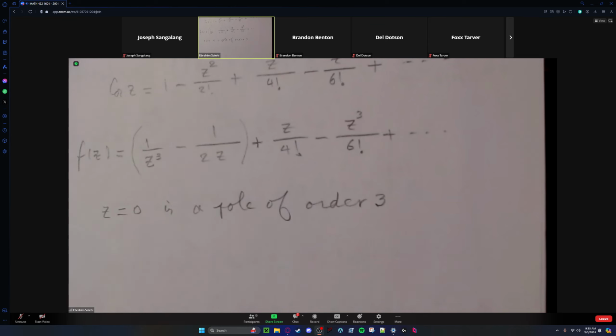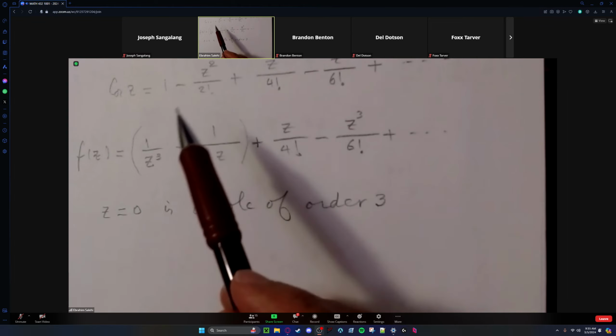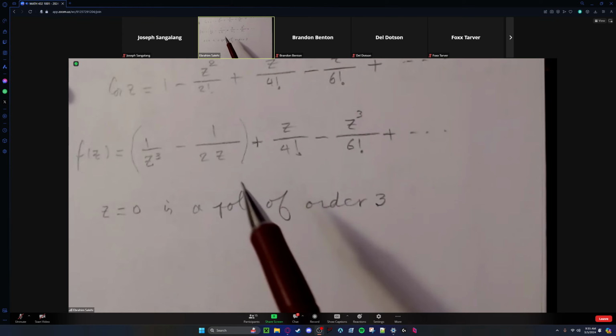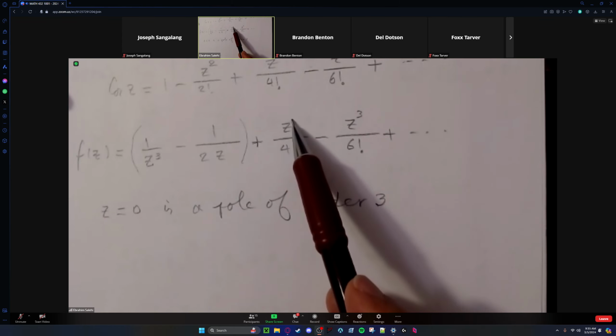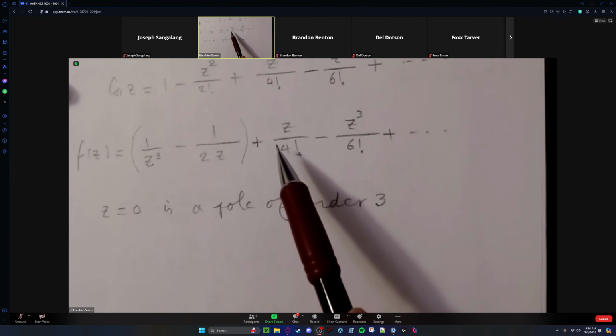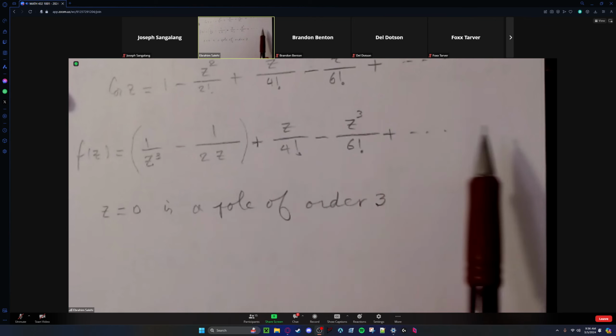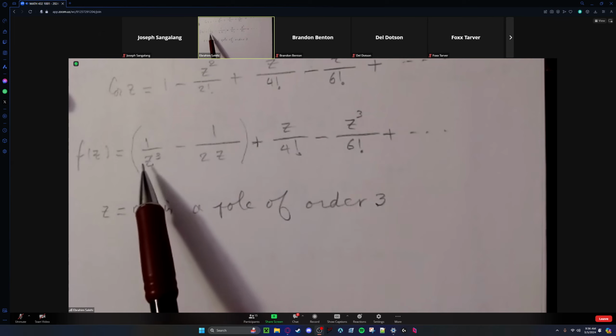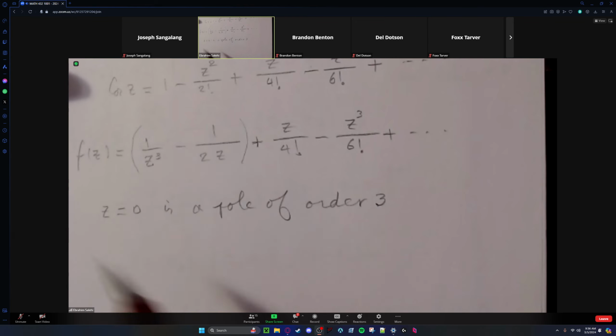Okay. So after writing f of z's Laurent series, the positive exponents of z and the constant are what we call the analytic part. The terms that are in the denominator, those are the ones that we say have negative exponents.